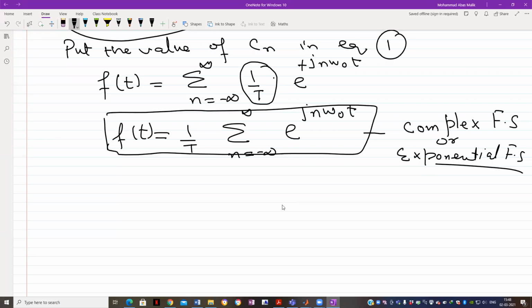There are certain equations. a naught, which you require in trigonometric Fourier series, is equal to c naught. But we know that c naught is equal to cn, that is equal to 1 by T, because it's independent of n. So c naught is equal to a naught is equal to 1 by T, right?